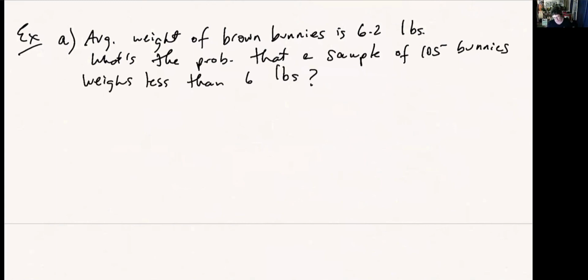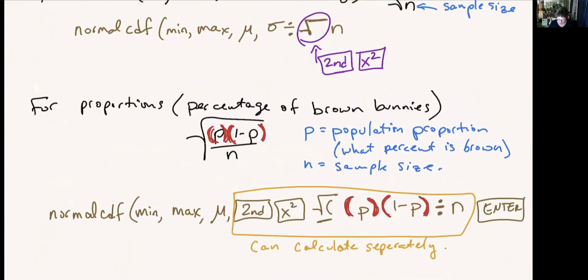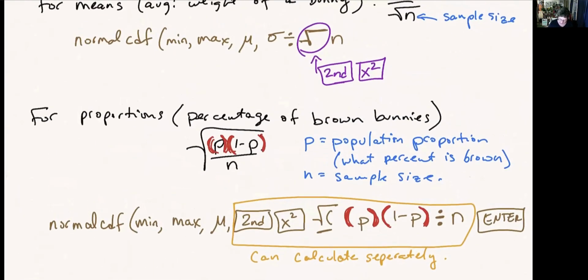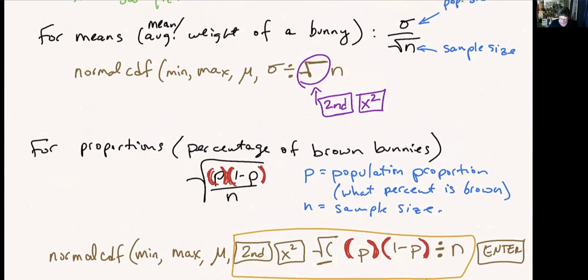First of all, I need to figure out which scenario I'm in. Am I looking at a proportion or am I looking at a mean? That's the real key here. Means mean I'm using this formula, and proportions mean I'm using this formula. So here's the key: if you're given a percentage, you know it's a proportion.